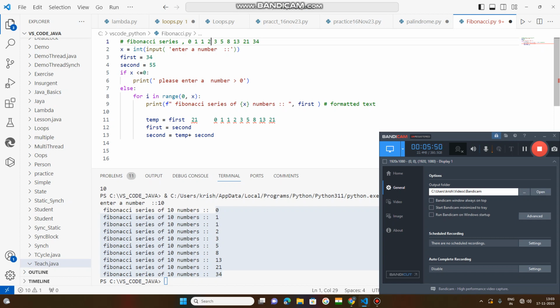Next number 2, 1 plus 1, 2. 3, next number is obtained from the just-previous two numbers, 2 plus 1, 3. 5 is obtained from the previous two numbers, 3 plus 2, 5. Okay, 8 is obtained from the addition of the two numbers, 5 plus 3, 8.